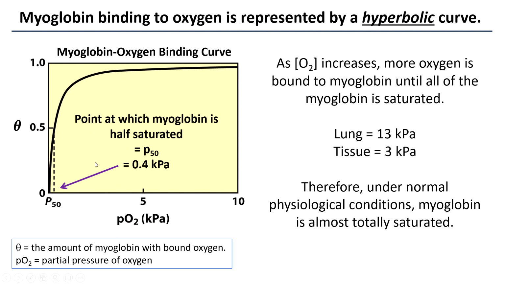So that would be around here. And you can see that in the tissue, most of the myoglobin available for binding oxygen will be saturated with oxygen. So 3 would be about here, and that represents about 90% of the available myoglobins expected to be bound to oxygen. Therefore, under normal physiological conditions, myoglobin is almost totally saturated in your body tissue.